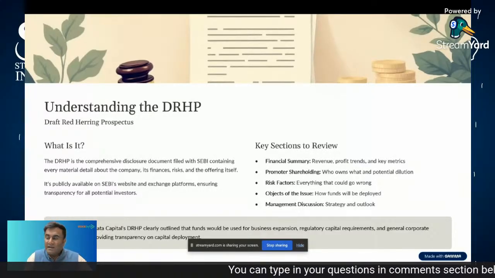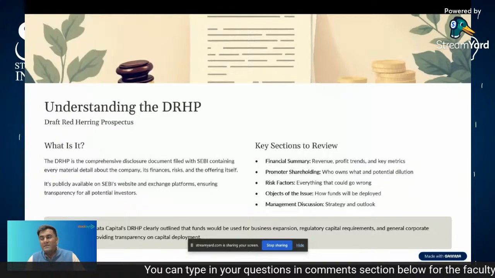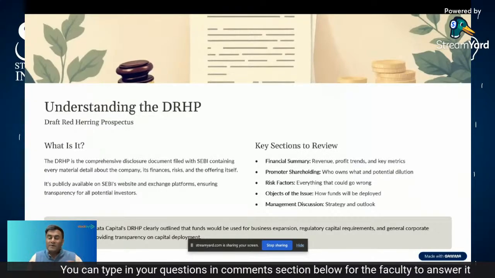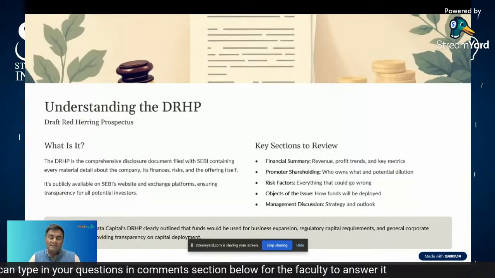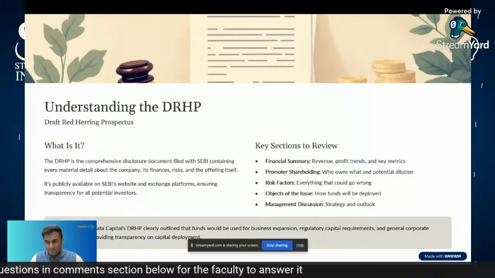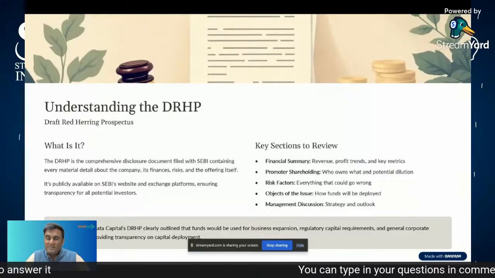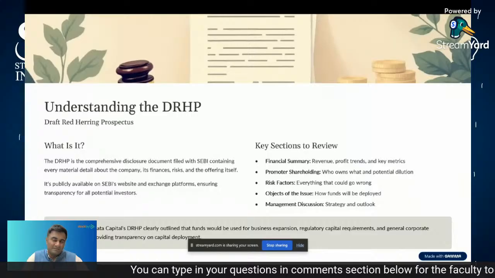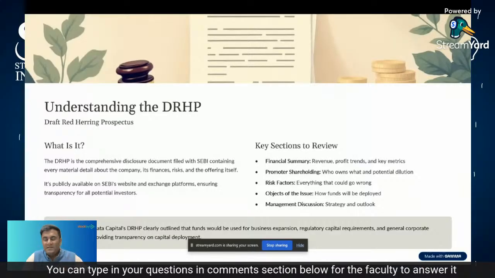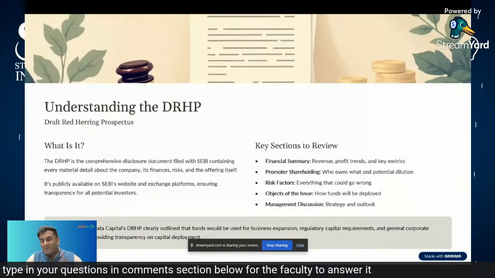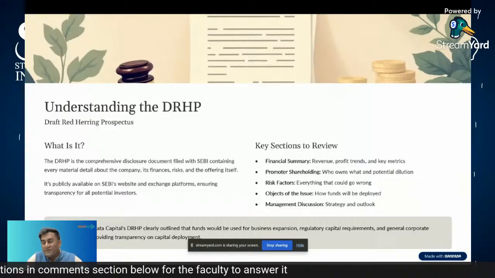If something is really bad for the company, through smart wordplay, a promoter can just downplay that event. So in the management discussion and financial summary, a lot of things can be, I would say, twisted. But by looking at the objects of the issue, you get a lot of clarity.